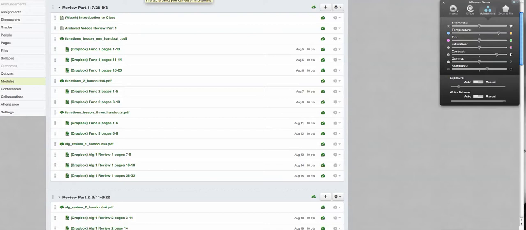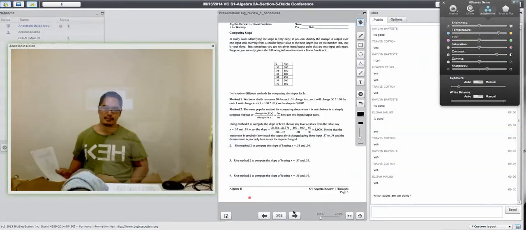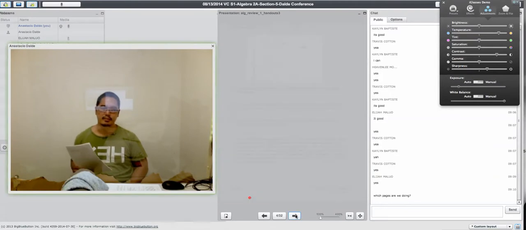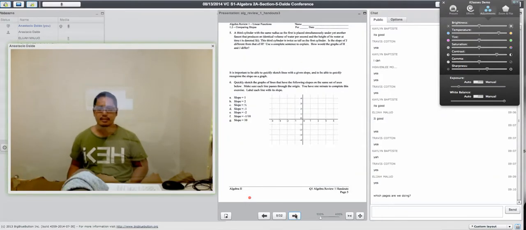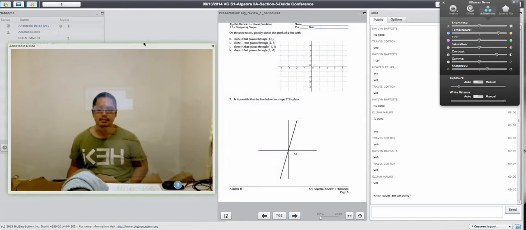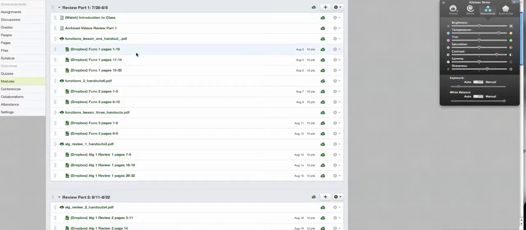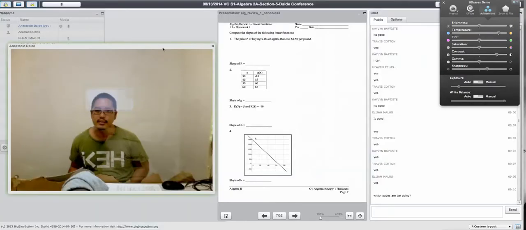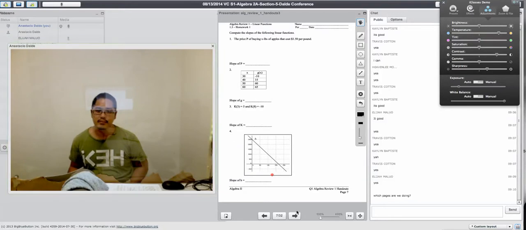So we wanted to cover pages 16 to 18 at least today. So I'm going to move on, if that's cool, because this is talking about how to compute functions. Yeah, we want to cover pages 16 to 18.